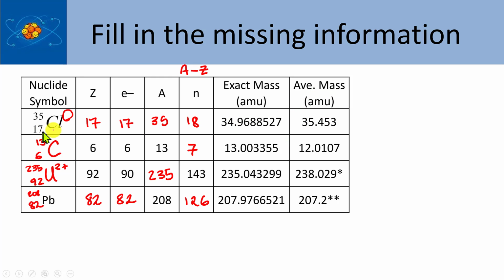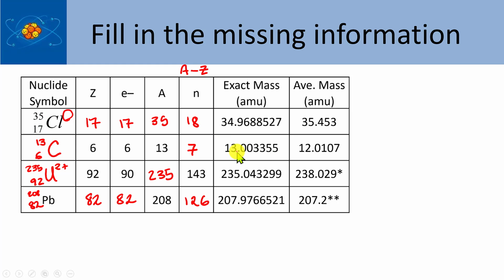But if you look up chlorine 35, it has this mass, which is much more precise than the average atomic mass. Again, carbon has an average atomic mass of 12, but the mass of carbon 13 is 13.003355 when you look it up. Again, the mass of the isotope is very close to the mass number.